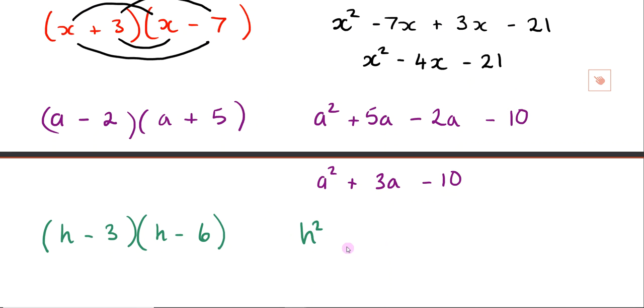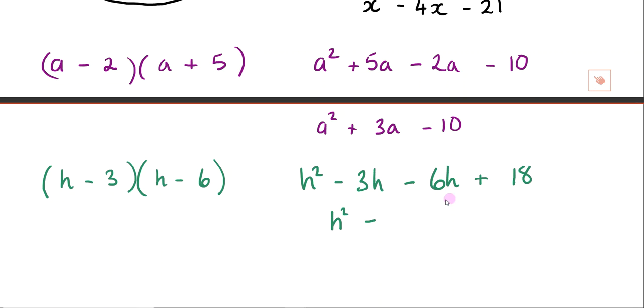h squared minus 3h minus 6h plus 18. So when we collect it together, we end up with h squared minus 9h plus 18.